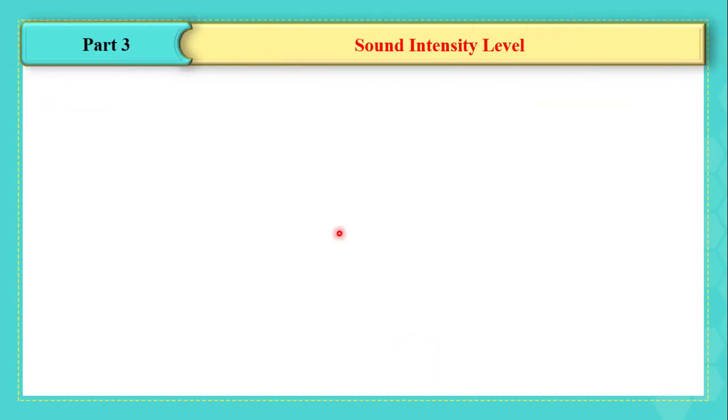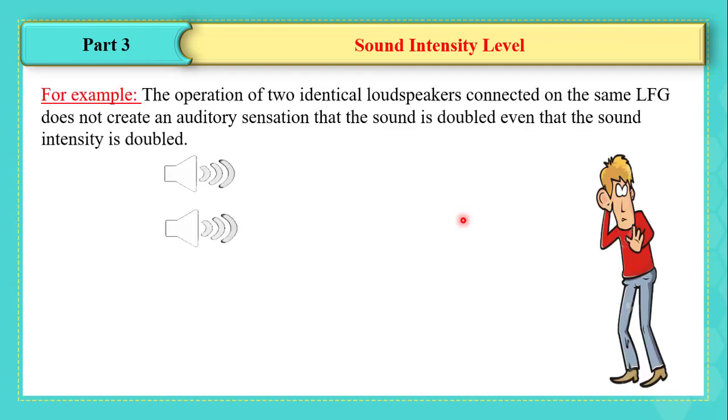We have previously defined the sound intensity, which explains the decrease in sound when moving away from the source, but this physical quantity seems incapable of explaining the hearing sensation of a person. For example, the operation of two identical loudspeakers connected on the same LFG does not create an auditory sensation that the sound is doubled, even though the sound intensity is doubled.